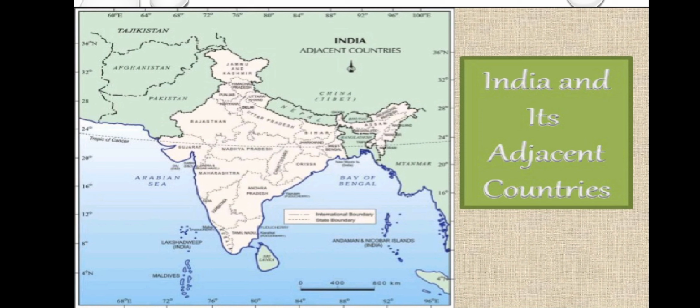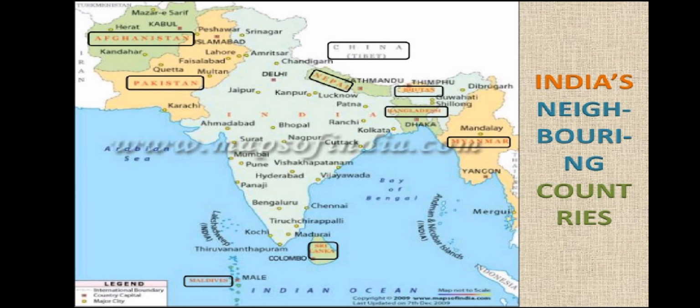After that, we discussed about India and its adjacent countries, means our neighbors. India's neighboring countries are Afghanistan, Pakistan, China, Nepal, Bhutan, Bangladesh, Myanmar and Sri Lanka.